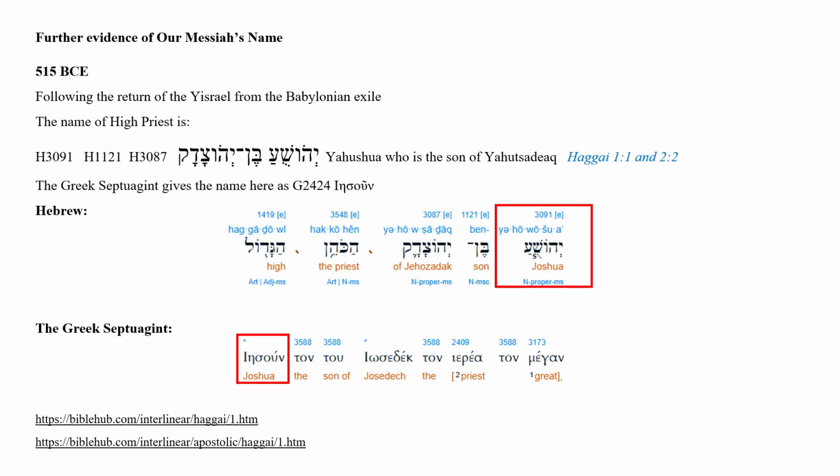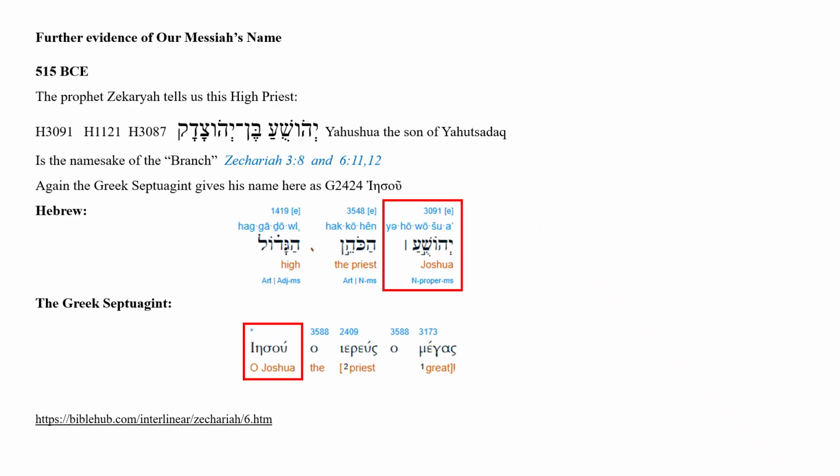Following the return of Israel from the Babylonian exile, the name of the high priest is Yahushua, who is the son of Yehusadek. The Greek Septuagint gives the name here as G2424. The prophet Zechariah tells us this high priest, Yahushua, the son of Yehosadek, is the namesake of the branch.